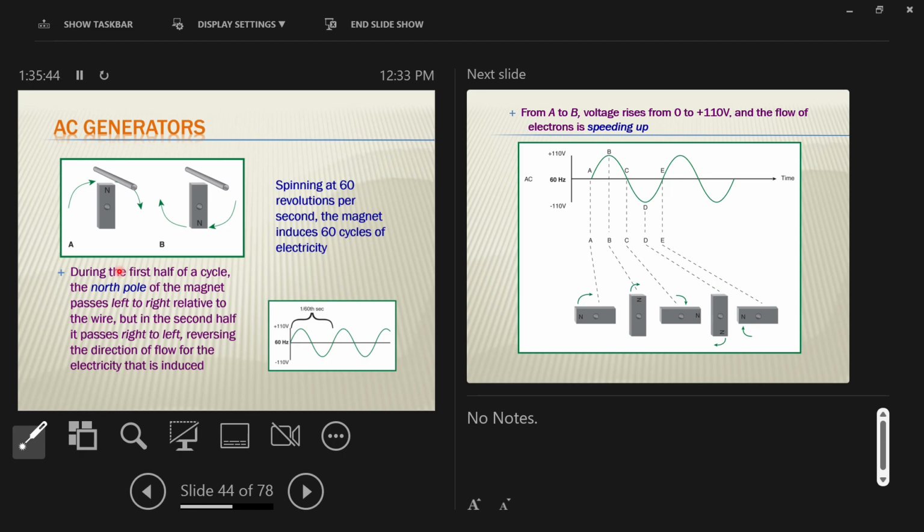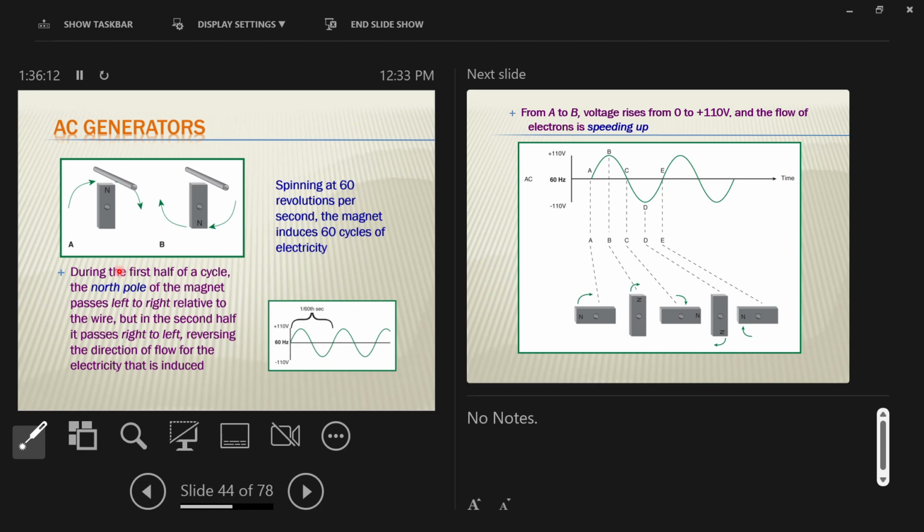For this analogy, let's say that when we point the north pole of that magnet toward the bar, so there's the bar running like that, the magnet pointing like that, the magnet can spin and that metal bar or wire is stationary. As we rotate that magnet past that bar, it's going to drag the electrons in that bar one direction, okay?